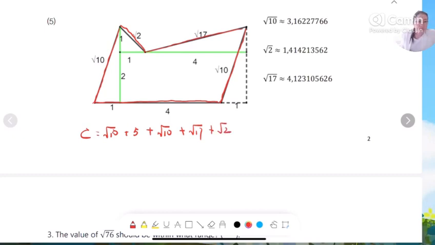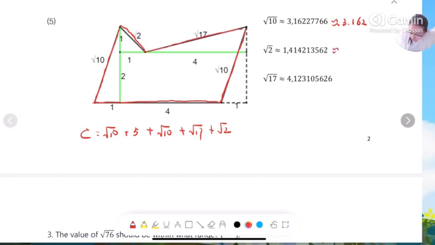The square root of 10 accurate to 3 decimals is 3.162.